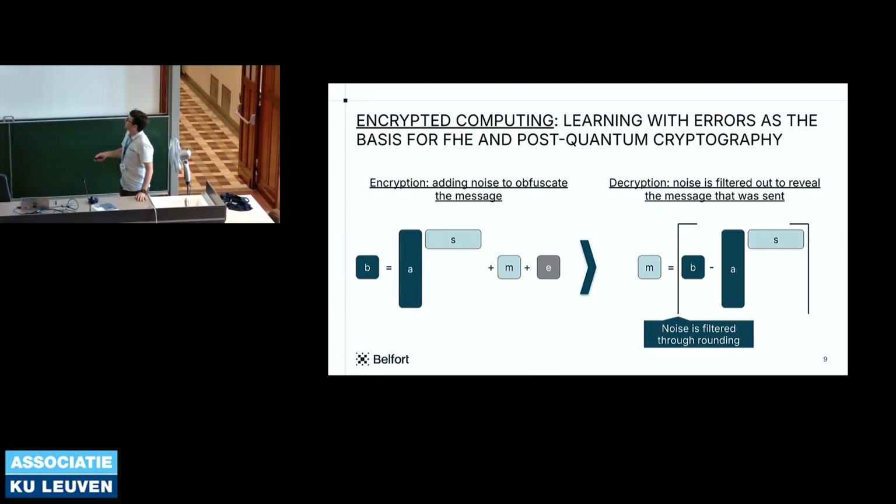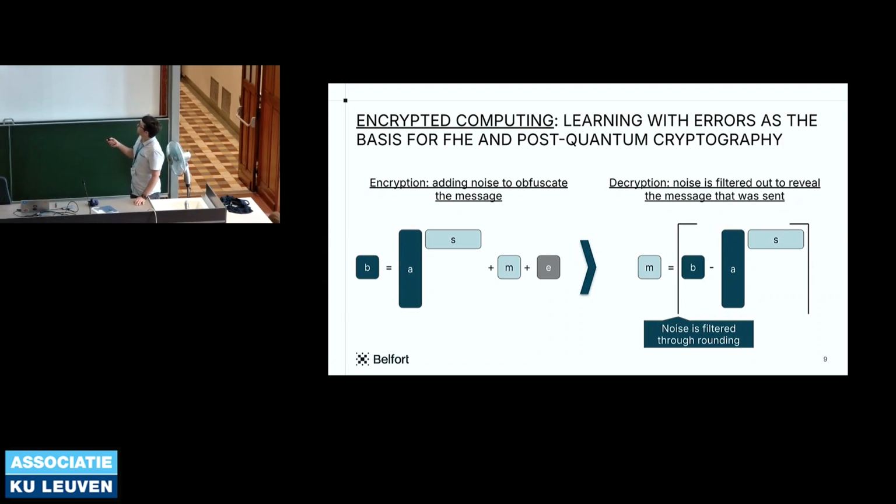And if not, then you have this secret key, which is here, and that's how you're going to encrypt some value. You're going to add your message, add some noise, and it's believed that if I give you just A and B, then it's difficult to recover S, and it's going to be difficult to recover the message.